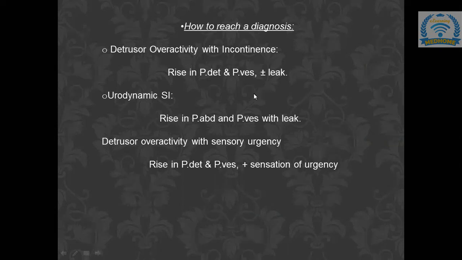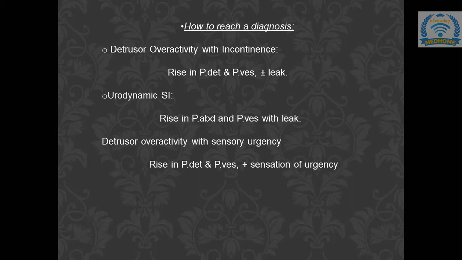So in detrusor overactivity or overactive bladder, there is going to be a rise in the detrusor pressure and the pressure of the vesicle in the filling phase. That is very important. You need to see the graph, what phase of the graph it is, either the filling phase or the voiding phase.